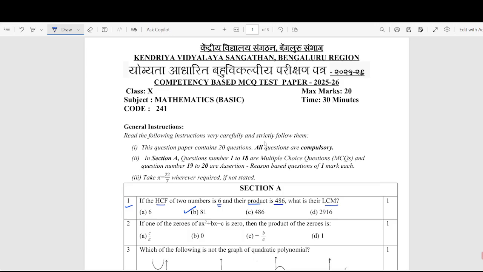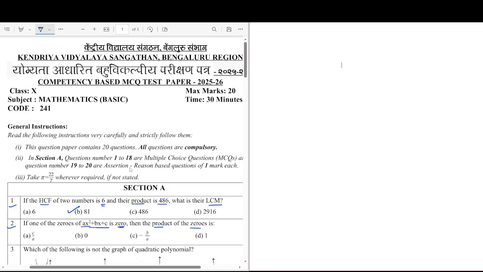Question number 2. If one of the zeros of ax square plus bx plus c is 0, then the product of the zeros is? So we have to find the product of the zeros. Here I'm writing the quadratic polynomial ax square plus bx plus c, and they are saying one of the zeros is 0.